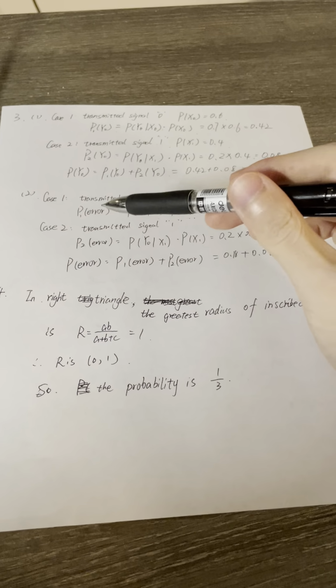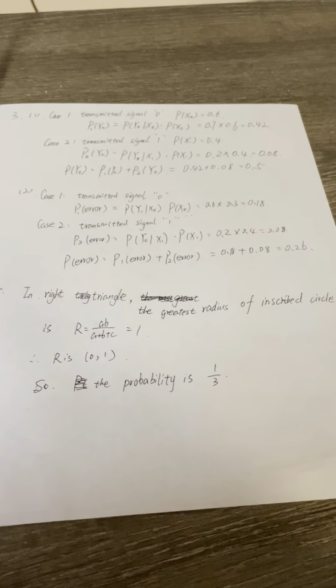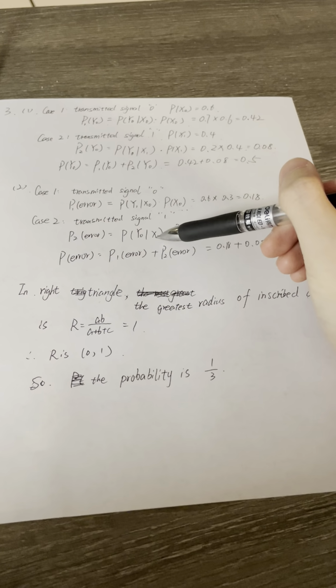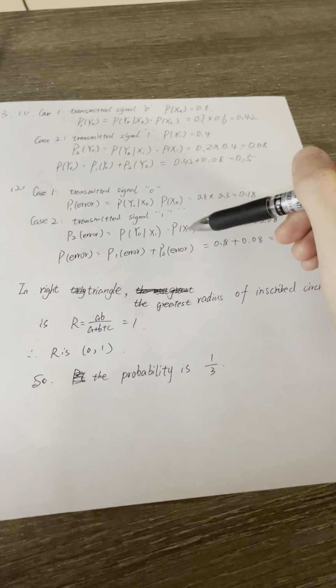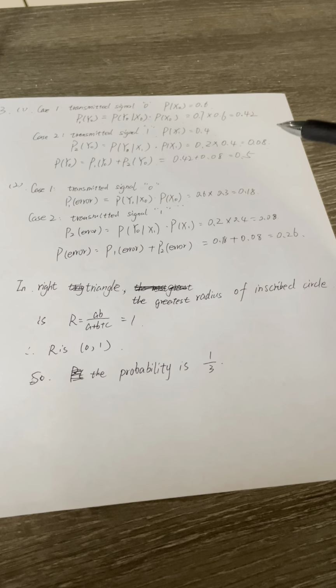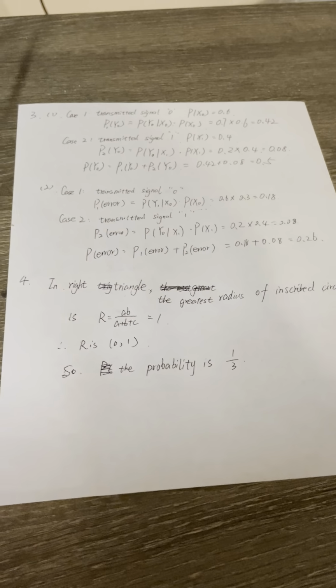And in case 2, the probability of error is equal to the probability we transmit 1 but we get 0, times the probability we transmit signal 1. So the value is 0.08.